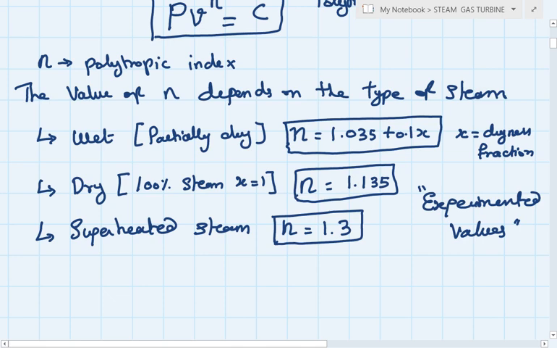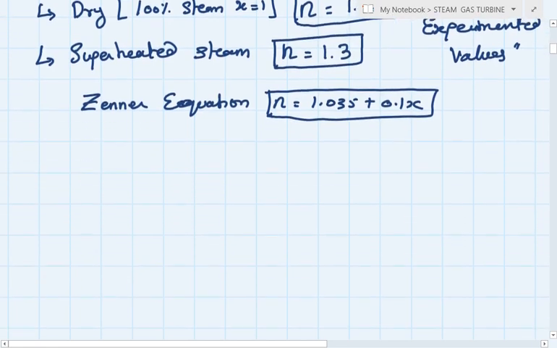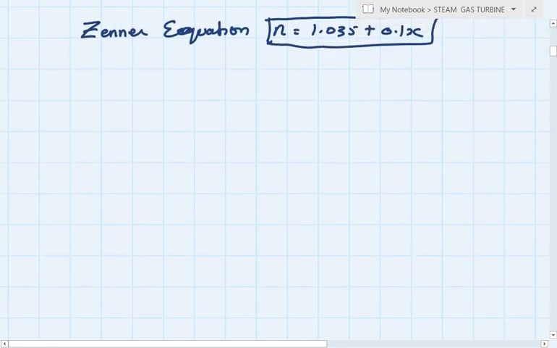So these relations are basically experimental values, and this equation is known as Zeuner's equation. So n is equal to 1.035 plus 0.1x. This is given by Zeuner, so that is why it is called Zeuner's equation. So let us move forward.